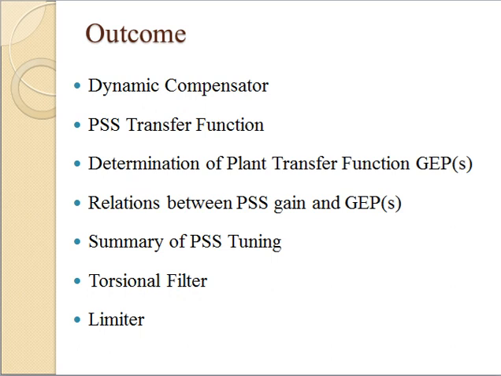Simultaneously our focus is also on the derivation of the plant transfer function, that is typically called GP of S. We are also going to understand the relations between power system stabilizer gain and this transfer function GP of S. And at the outset, we are going to summarize what is PSS tuning, and then we are going to understand another two components of power system stabilizer, that is torsional filter and limiter.